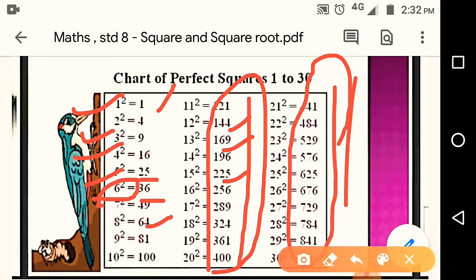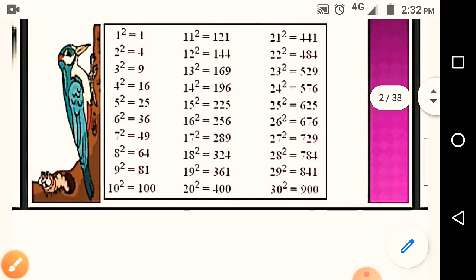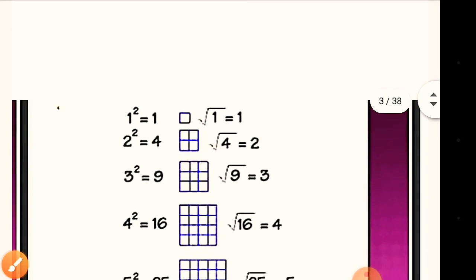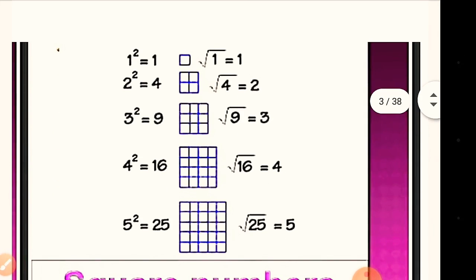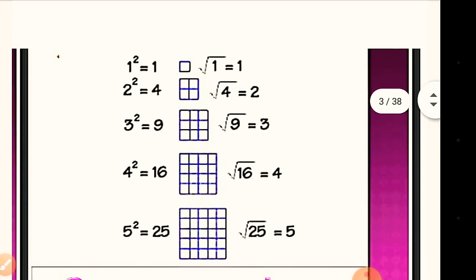Now moving ahead, our next topic is this one square. So one square, you can see I have drawn one shape of a square. We know that the formula of square is side into side.